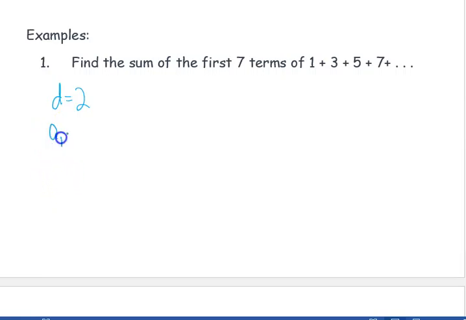I also know a sub 1 is 1, and n equals 7 because I want 7 terms. For S sub 7, I'm going to use 7 over 2 times (a sub 1 plus a sub 7).